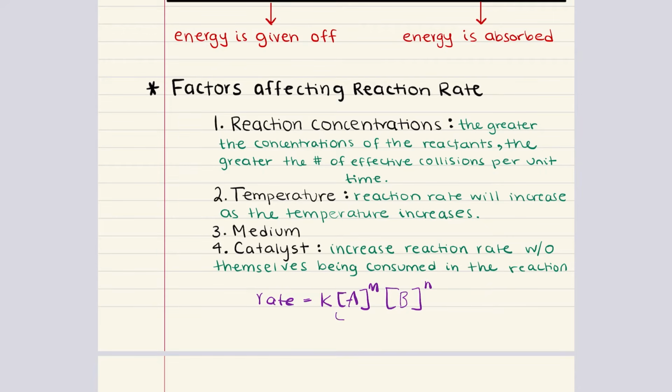So here, A and B are the concentrations of the reactants, m and n are the reaction orders with respect to each reactant. These are determined experimentally. Now, the reaction order indicates how the rate is affected by the concentration of the reactant.